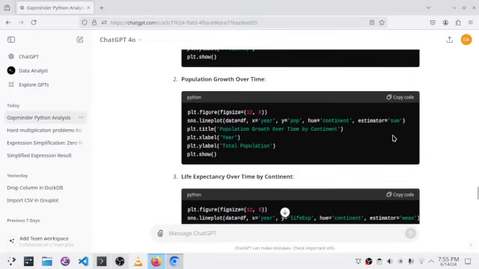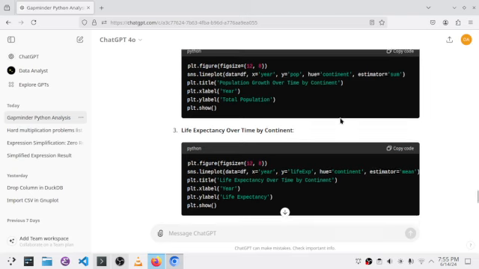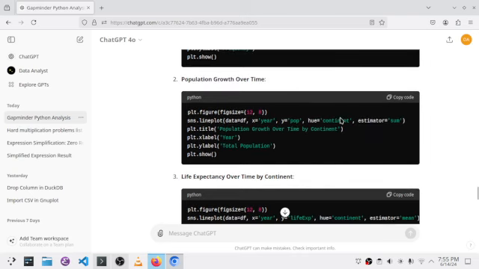Population growth over time. So we're looking at this here, df, year, pop, and this is a line plot, and so we have a separate line for each continent. Estimator, sum. Interesting.